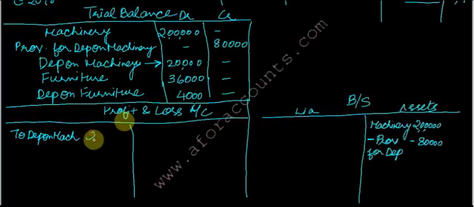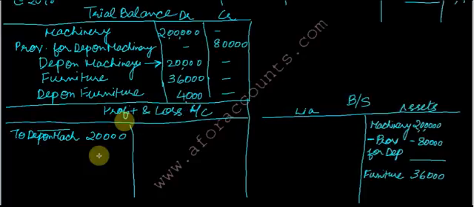How much? 20,000. Let's put all the depreciation together. You can have a head depreciation and your subhead as depreciation on machinery. Okay. Furniture. Furniture is again my asset, and it stands at 36,000 in the inner column. Depreciation on furniture 4,000.